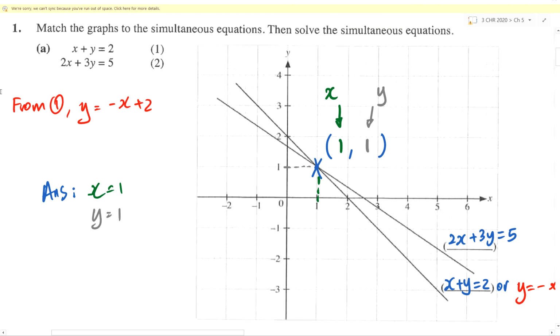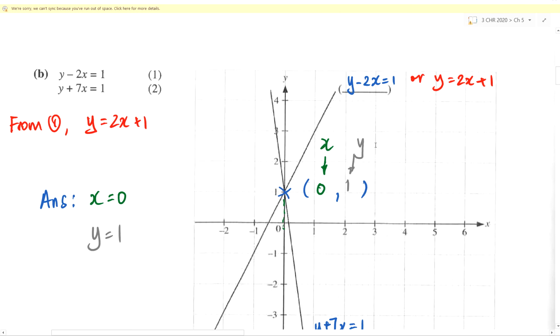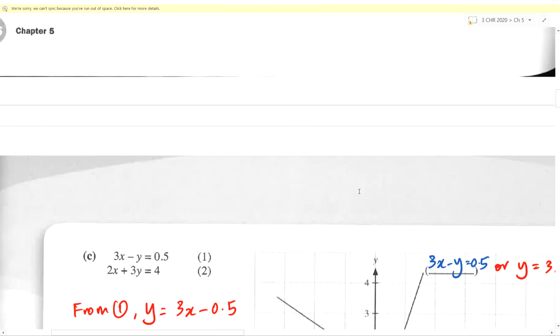as well as in question 1, that when we are drawing two straight lines on the same axis, where the two lines intersect, that will be our solution. So the solution for these two equations is x equals 1 and y also equals 1. For these two equations, where the two graphs intersect, the x solution is 0 and the solution for y is 1.